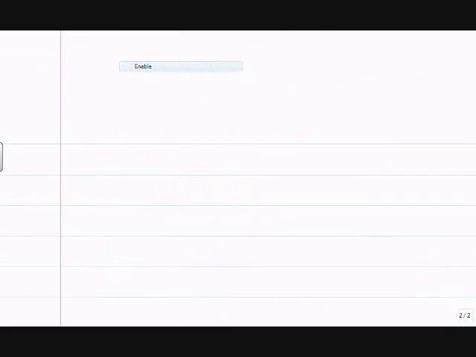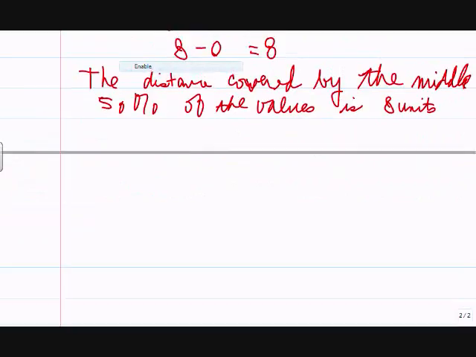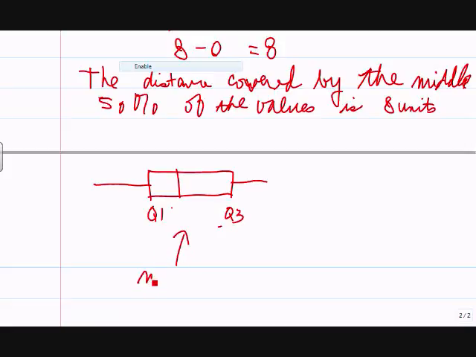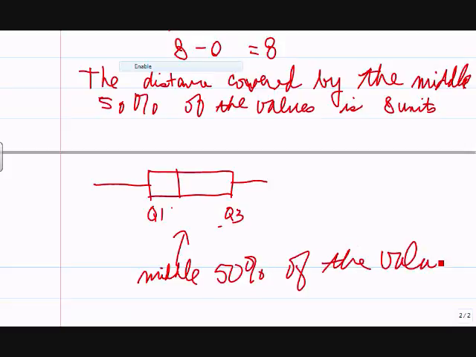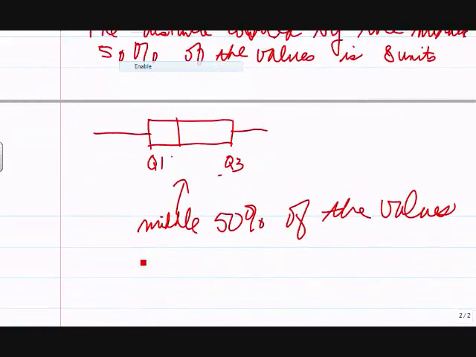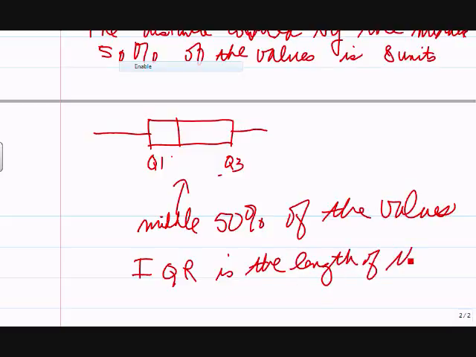So let me just give a little drawing of that for the notes here. If I have my little box and whiskers, this is Q1, this is Q3, this is the middle 50% of the values, the numbers, and then the IQR is the length of the box.